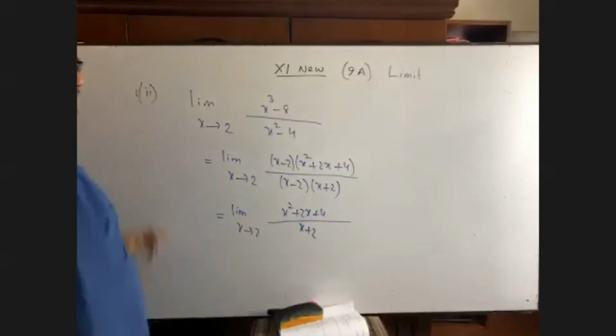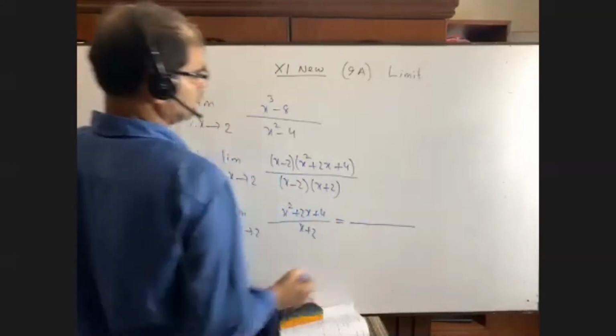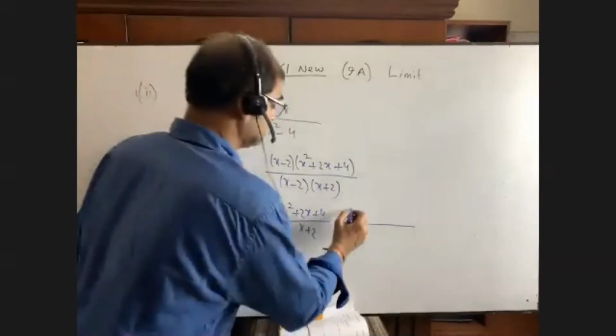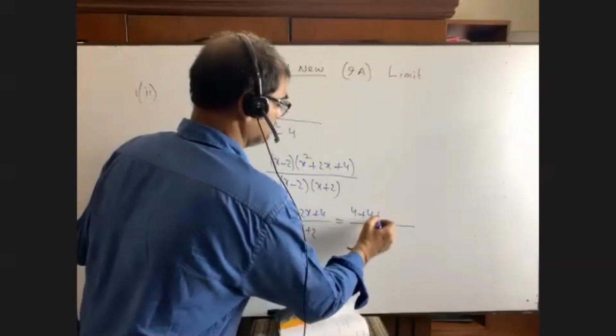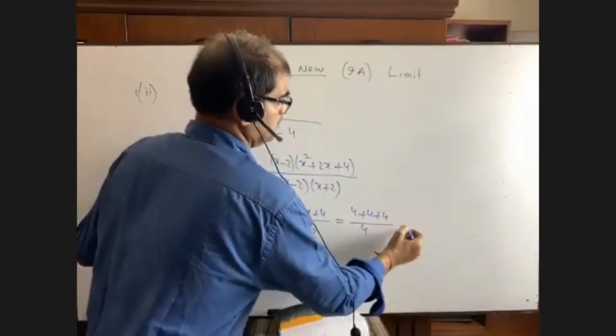Now if I put x equals 2, then it will be defined. There is no reason to become undefined. So x equals 2, that is 4 plus 4 plus 4 by 4. Answer is 3.